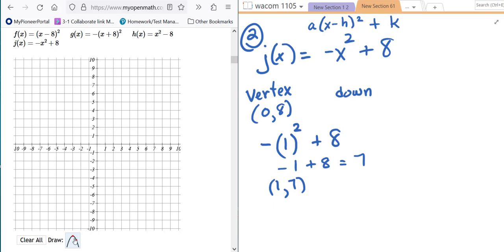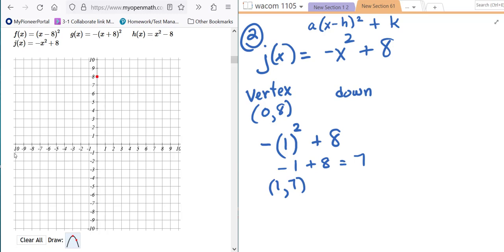All right, so we click the parabola and we do our vertex. Don't go over, but go up 8. It's going to flip upside down, so that's the highest point on it, or an absolute maximum. Okay, and then my other point, I wanted to do (1, 7).